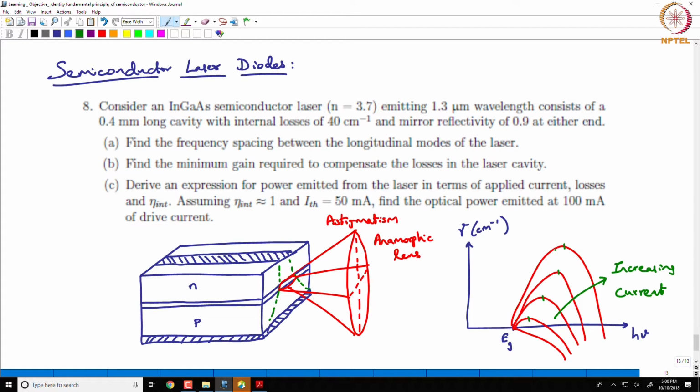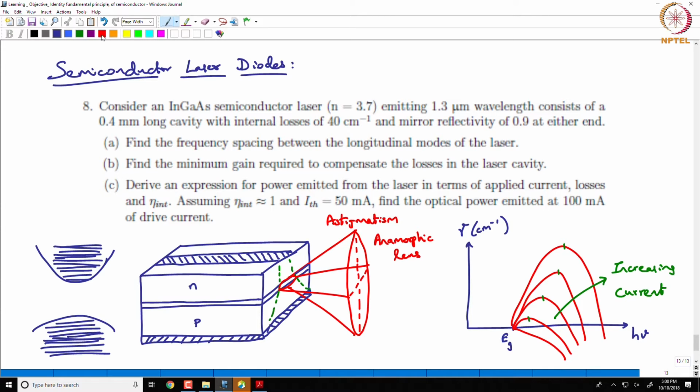Because initially when you inject current, you are filling the lower energy levels of the conduction band, and so you start emitting from those levels. The energy of those emitted photons is going to be lesser. Let me try to draw that over here. If this is my conduction band and this is my valence band, then you have low density of states and then much higher density of states over here.